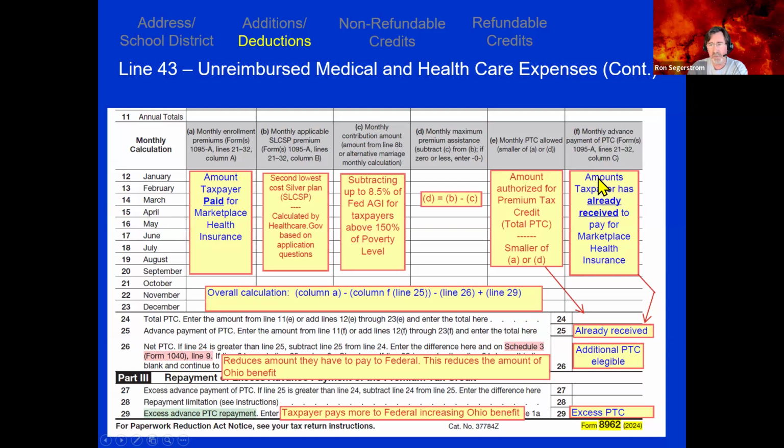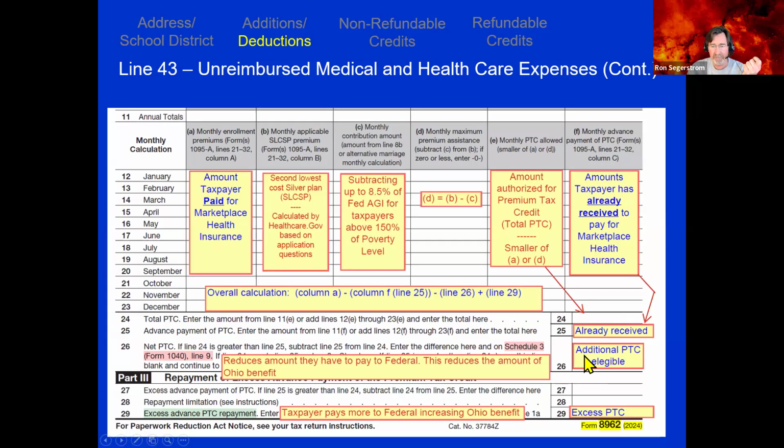This column C is what they've already received, and then this section right here calculates the quantity that they should have received. So there's going to be a difference of what they received and what they should have received.